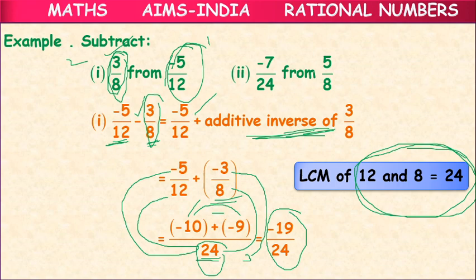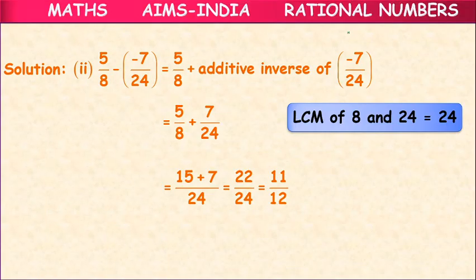Next, minus 7 by 24. We have to subtract this, so this will be the second rational number, from 5 by 8, which will be the first rational number. So we have to subtract the second rational number, minus 7 by 24, from 5 by 8.